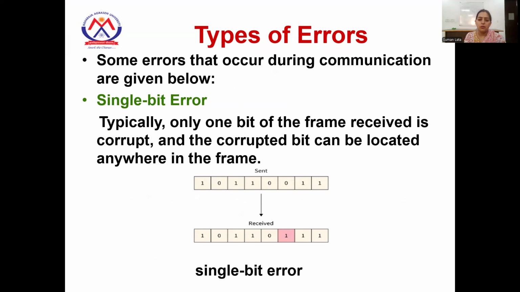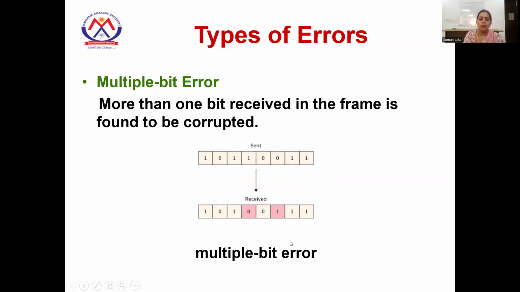As the figure shows, the bit sequence sent from the sender side is 10110011, and at the receiver's end we have received 10110111. The bit which I have highlighted in pink color is corrupted because only one bit is erroneous. This is single bit error.